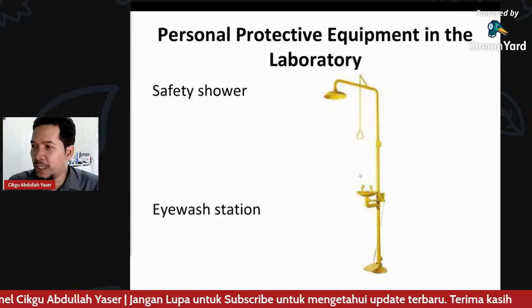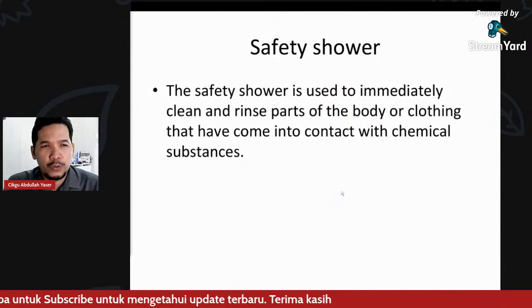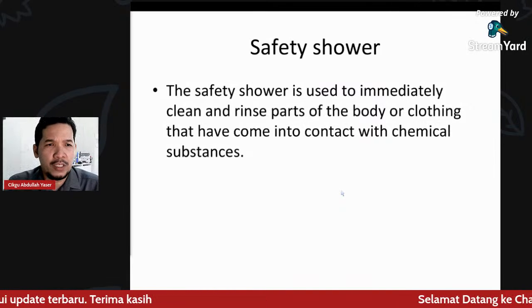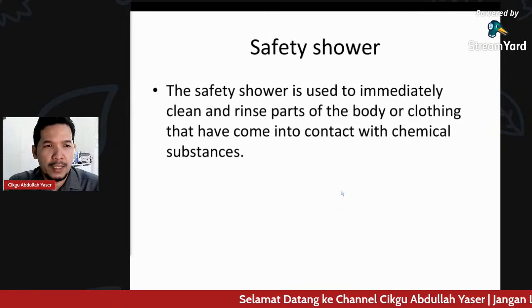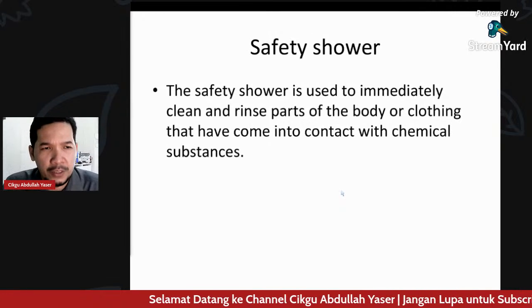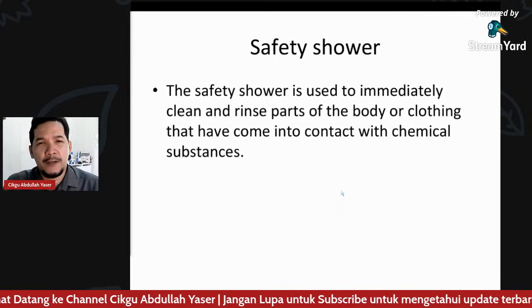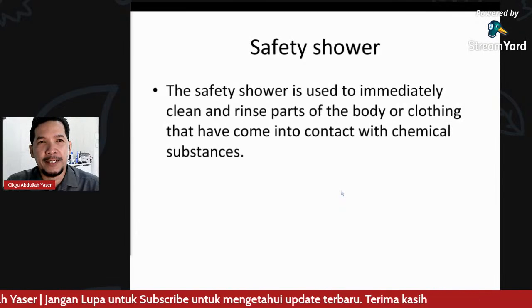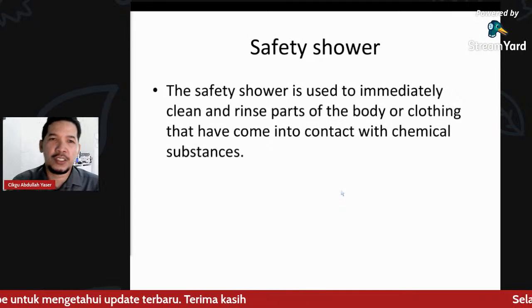The small one here is the eye wash station. The safety shower is used to immediately clean and rinse parts of the body or clothing that have come into contact with chemical substances. Usually, these chemical substances are what we call dangerous substances.